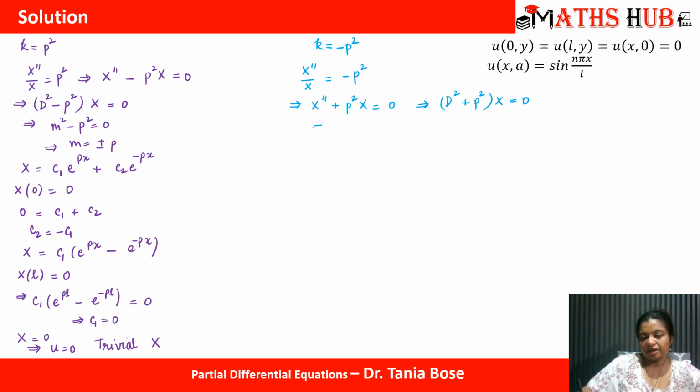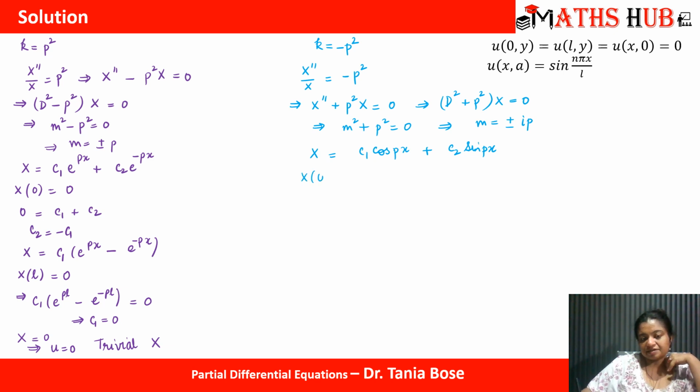So from here, the algebraic equation will be m square plus p square is equal to 0. So this implies what is m? M is equal to plus minus iota p. So from here, x turns out to be c1 cos px plus c2 sin px, right?